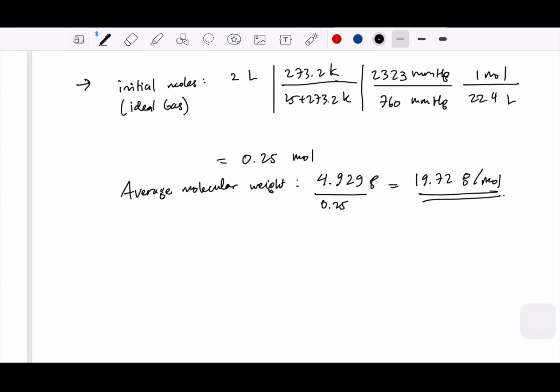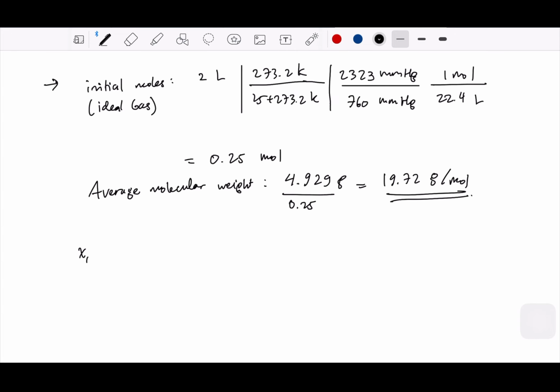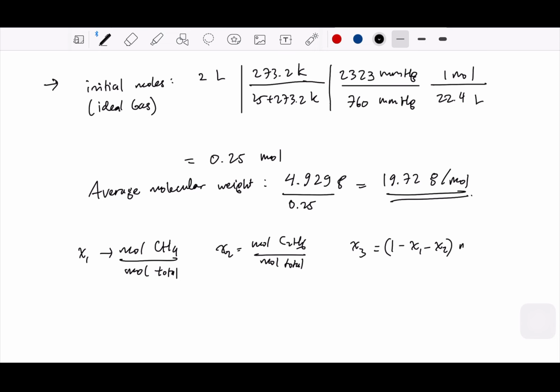Now, let's say we have the fraction X1 is mole CH4 per mole total. X2 is mole ethane per mole total. And X3 is 1 minus X1 minus X2 mole CO per mole total.